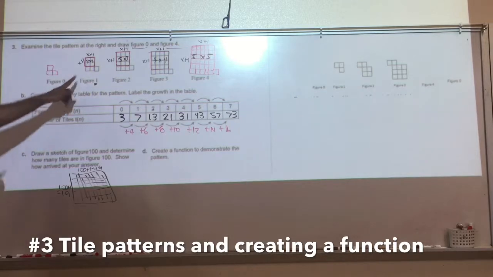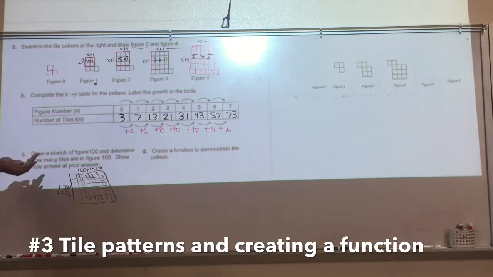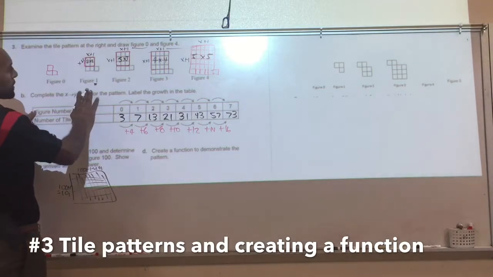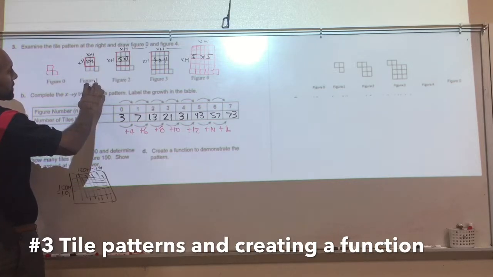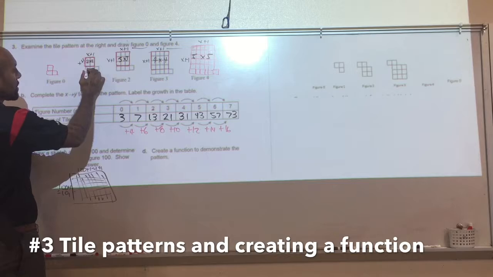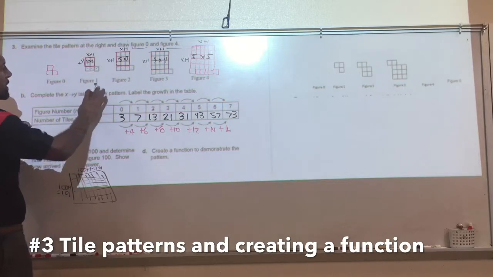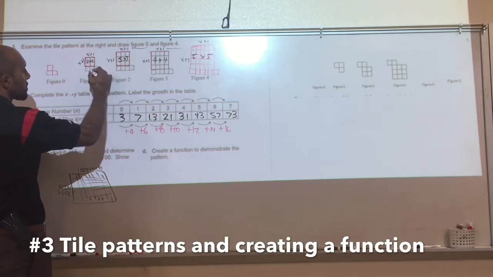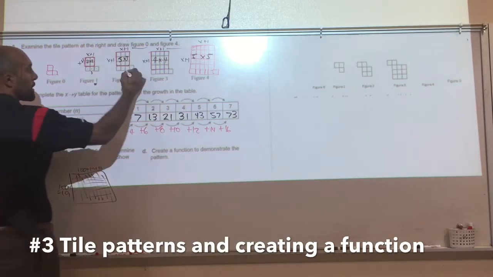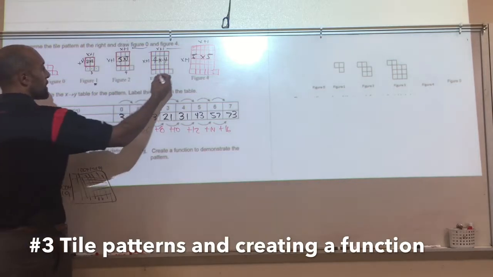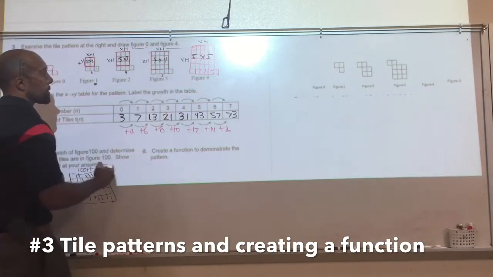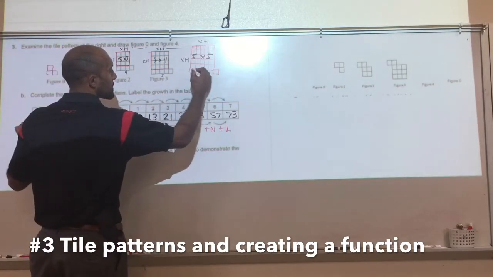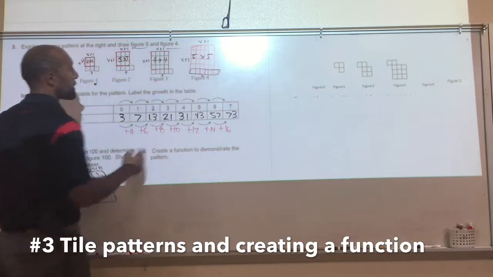Now we need to look at the bottom. How does that factor in? If I look at the bottom, I notice this is 3, 1, 2, 3, in figure 1. So three of them on the bottom. Then I have 4 on the bottom, then 5, then 6.